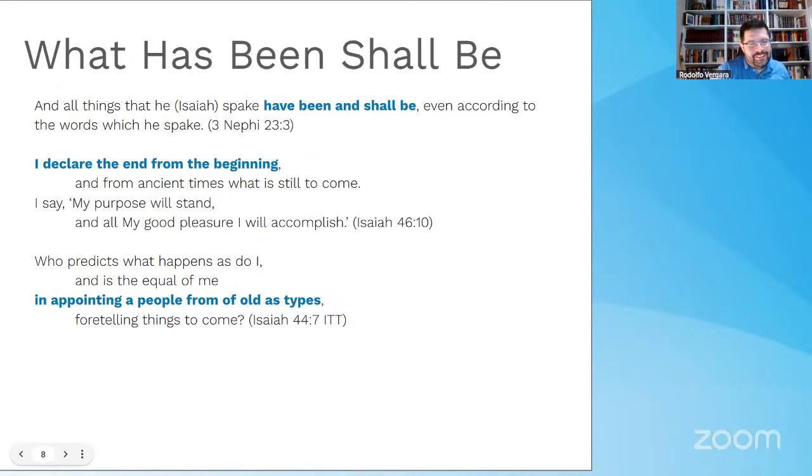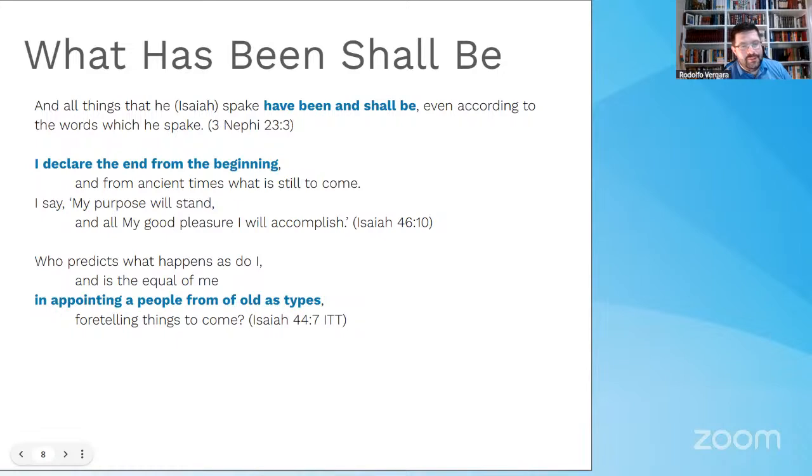We talked about this last week, but another literary key is to understand that what has been shall be, and that there are two time frames in which Isaiah spoke. He spoke to the house of Israel in the past, and then in Third Nephi 23 he mentioned that he also must speak to the Gentiles, because all things he spake, this is Third Nephi 23:3, have been and shall be according to the words which he spake.